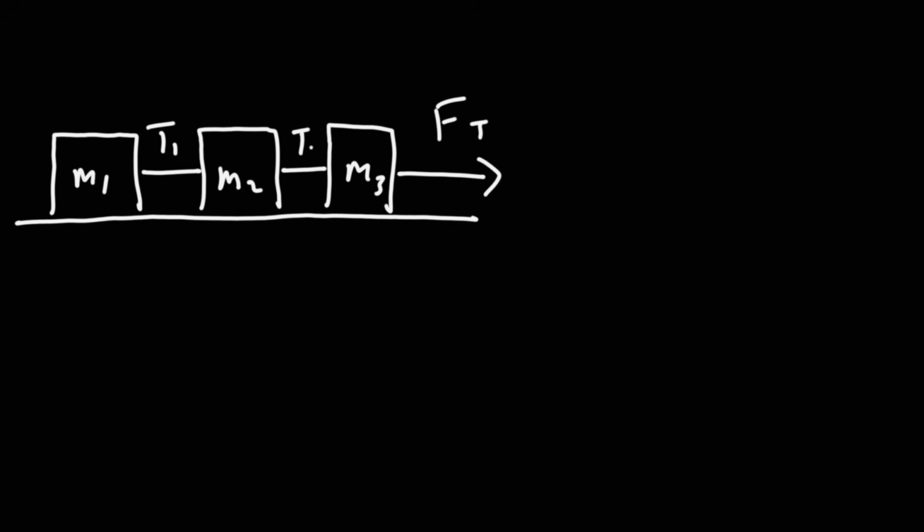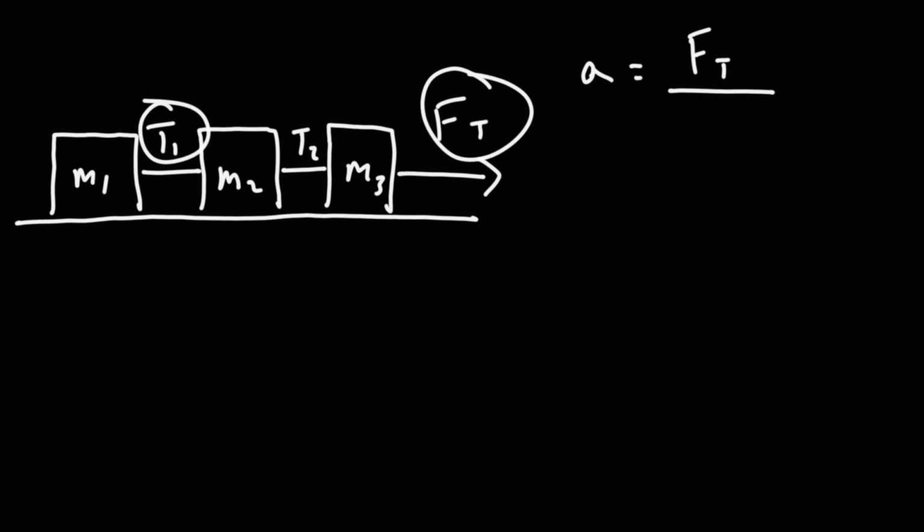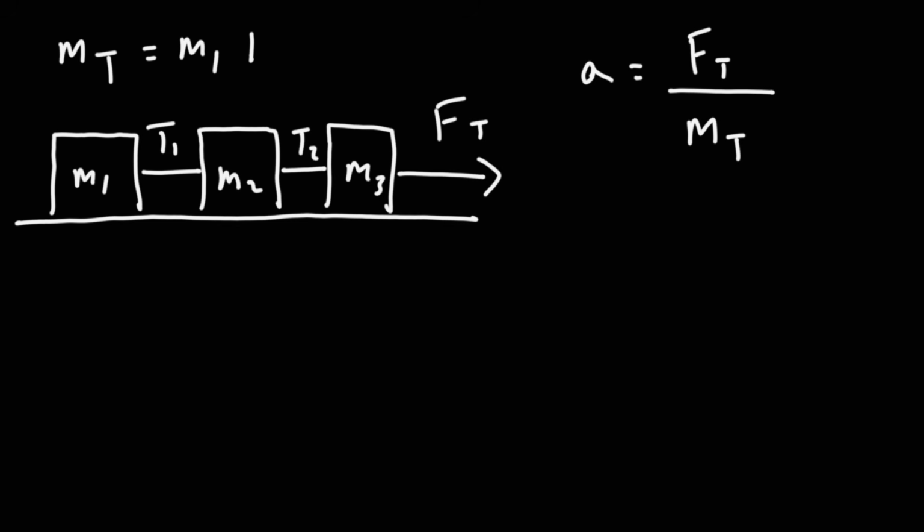We want to be able to calculate T1 and T2 from Ft. So just like before, the acceleration of the entire system is going to be the net force driving the system to the right, which is Ft. That's Ft is the force that creates these other forces. So you could think of it as the net force of this entire system. So net force divided by total mass will give us the acceleration. And the total mass of the system is m1 plus m2 plus m3.